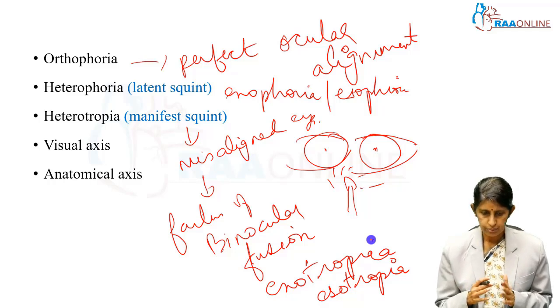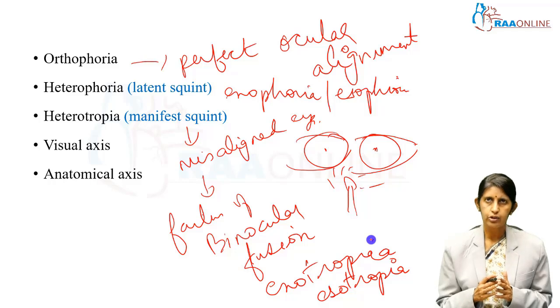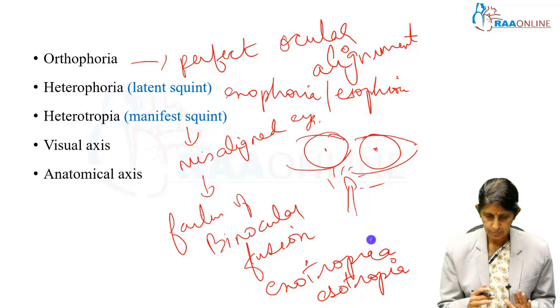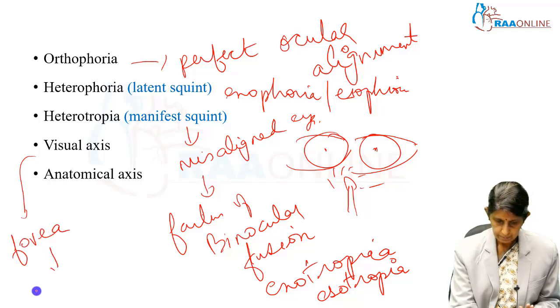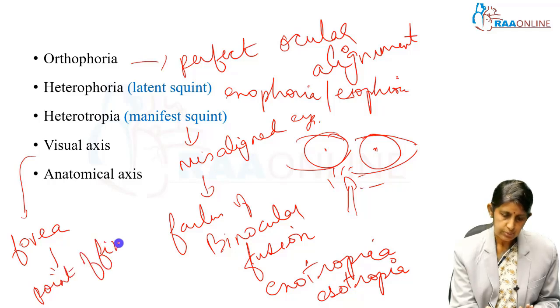Now next we come to two other important terms, visual axis and anatomical axis. The visual axis passes from the fovea to the point of fixation, which is the object of regard.